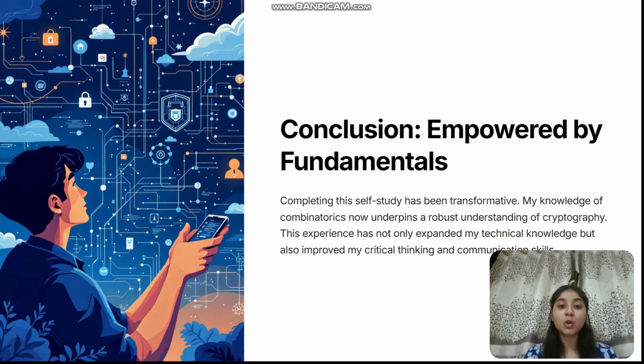This journey has not only expanded my technical knowledge, but also improved my problem solving, communication, and critical thinking skills. I am confident that this experience will play a pivotal role in my future career. I am excited to apply these concepts in real world situations, whether in future jobs, research projects, or even in my entrepreneurship. I feel empowered by how these fundamental concepts in programming can solve real world security challenges.